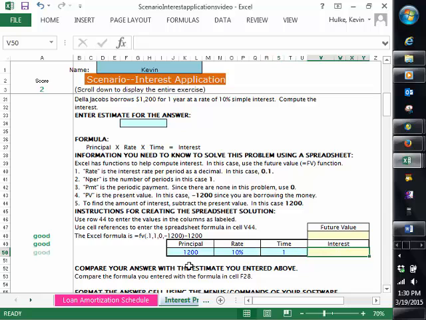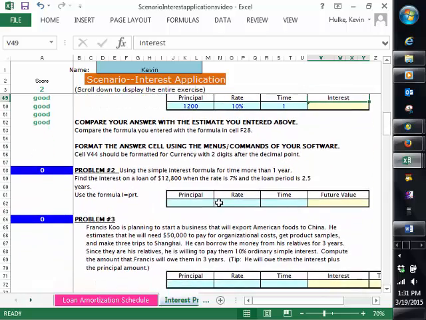The time is 1 year, so our interest formula will be equals, and then click on the principal box, times the rate box, times the time box, and you should have the amount of interest that you've earned. Then the future value will be the amount of interest plus the principal. Make sure you get both of those added together for that total.